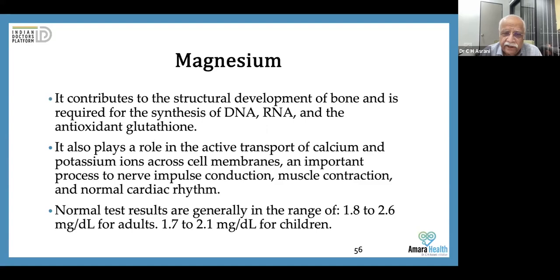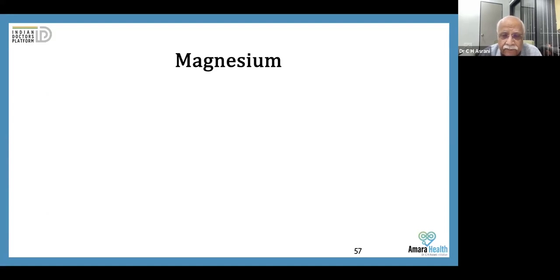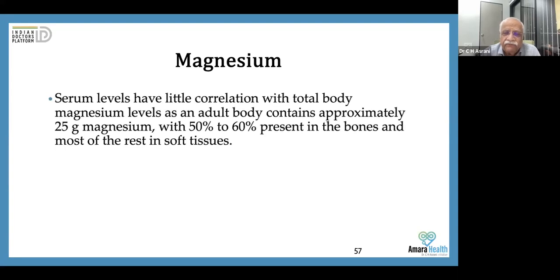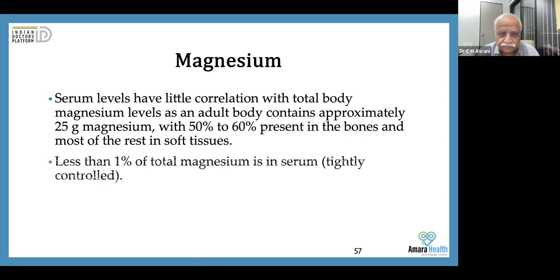And what are we talking about here? 1.7 to 2.1 milligram per deciliter. 50 to 60% is present in bones and most of the rest in soft tissues. So serum concentration is very low. Less than 1% of total magnesium is in serum.